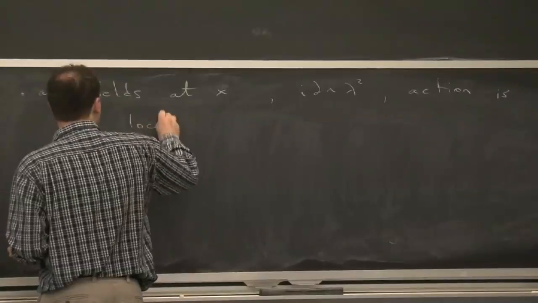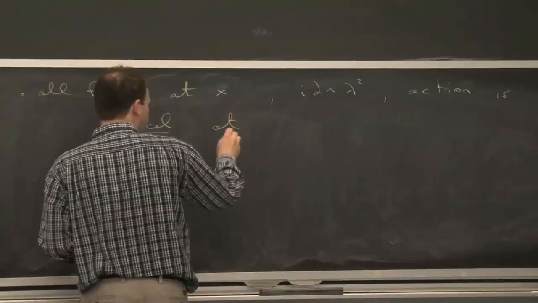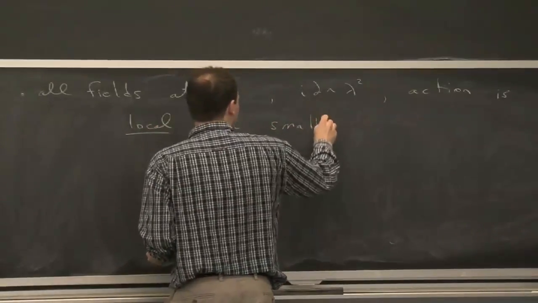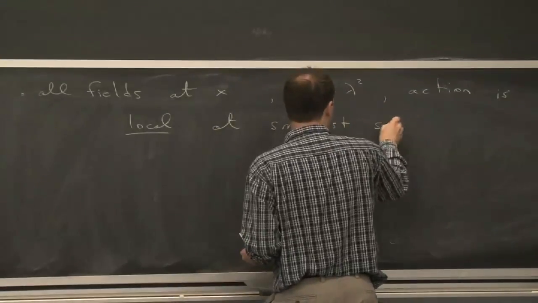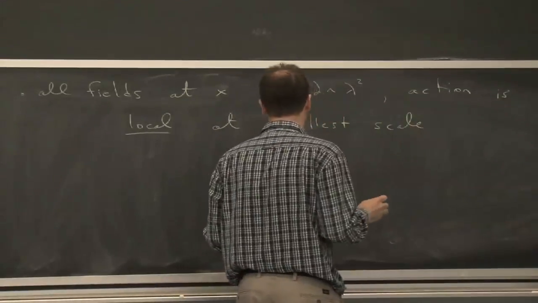And so what that means is the action is local at the smallest momentum scale in our problem. And we would have been surprised if we'd encountered anything different than that.